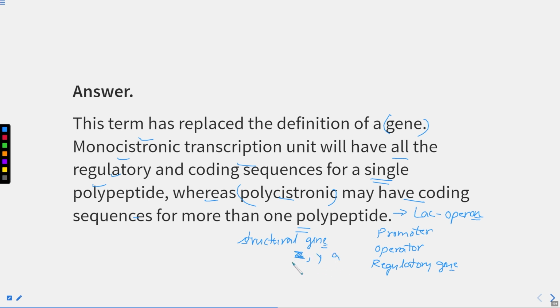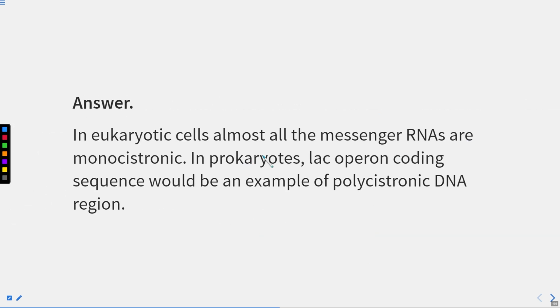One codes for beta galactosidase, another codes for transacetylase, and the other codes for permease. So this was about monocistronic and polycistronic units. Now, in eukaryotic cells, almost all the messenger RNAs are monocistronic, whereas in prokaryotes, such as the lac-operon, the coding sequences are an example of a polycistronic DNA region.